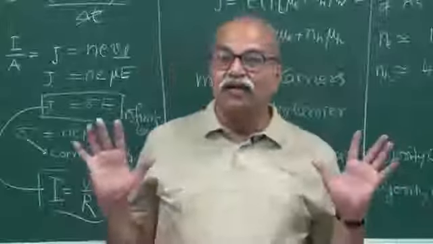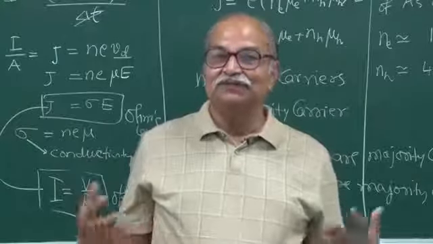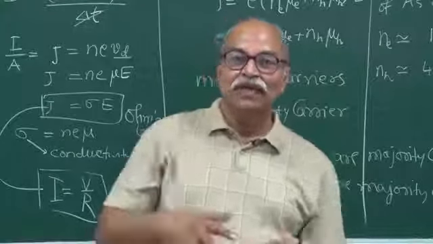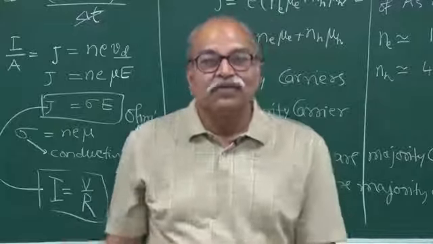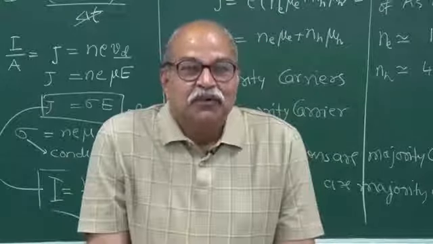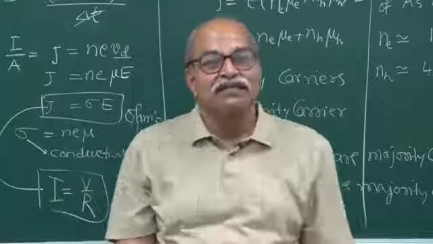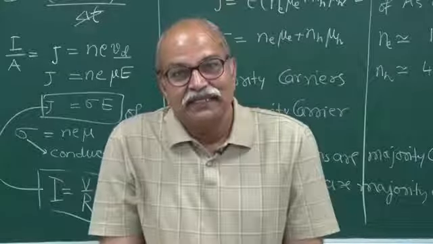Okay, so now we are prepared with all kinds of physical understanding of these semiconductors, doping and charge carriers and how they respond to electric field and so on. So from the next lecture I will be talking about applications, and the first and foremost device that will be used is called PN junction.